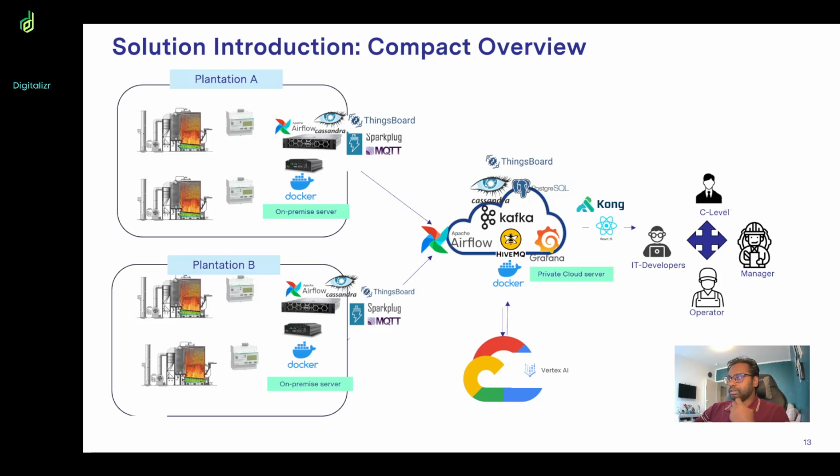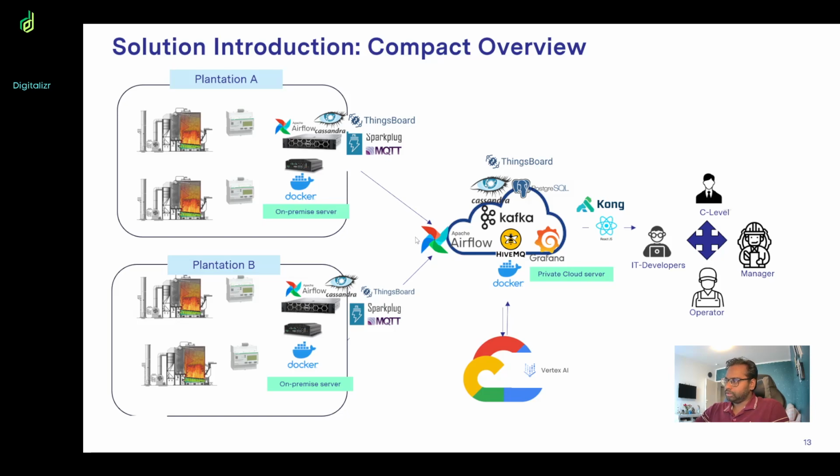So this is a more compact overview, with suggestions of what kind of software and hardware choices we can make, the cloud system, what kind of messaging protocols and messaging queuing systems we can use, and also the end user application. Here we're going to use Grafana as our dashboard, and the authorization layer will be a simple React.js front end.